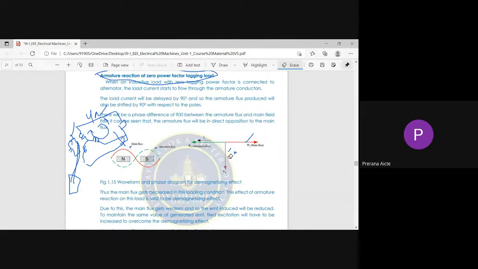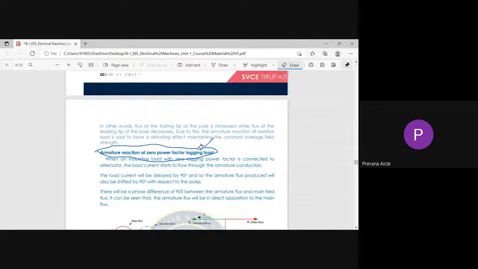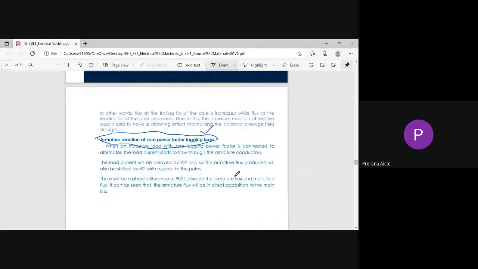Now see here, the main field flux is produced because of the field current flowing through the field winding. This main field flux is cut by the stator conductors and an EMF is induced.